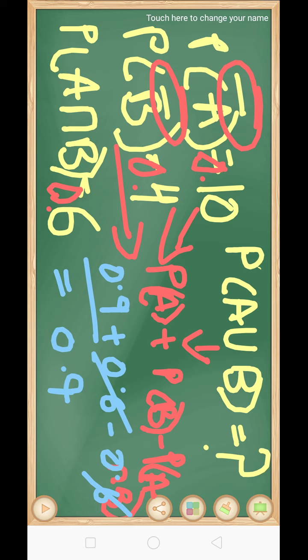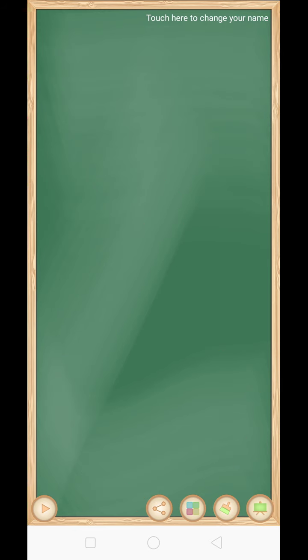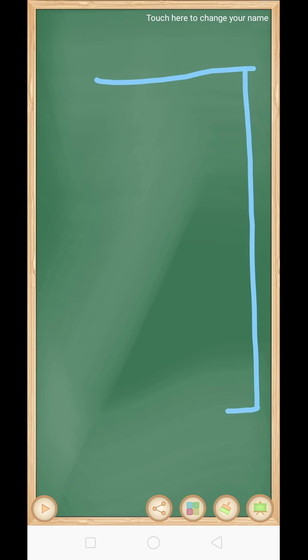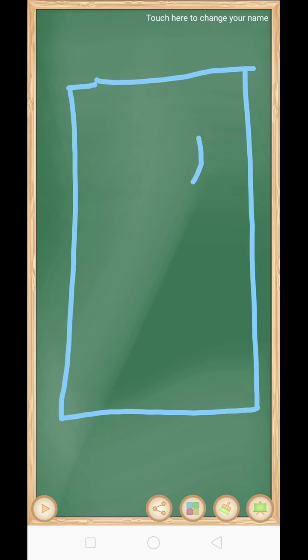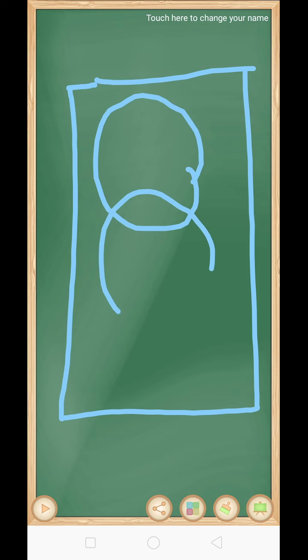Also we are going to take one more question on Venn diagrams. An important question on probability is on Venn diagrams, as sometimes they give a few questions about them.